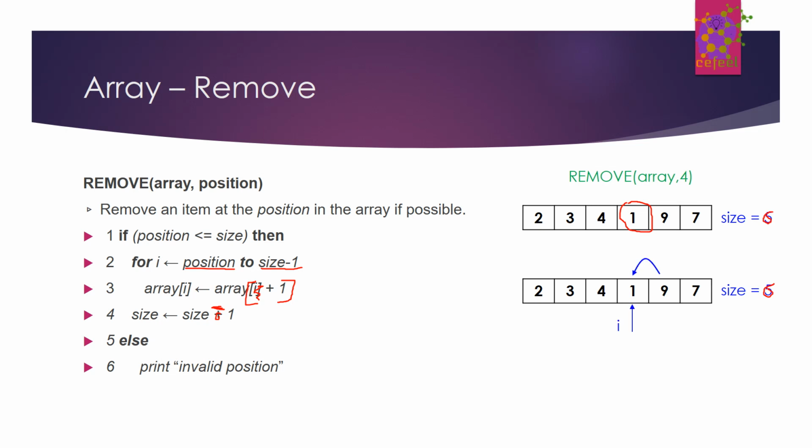So I is position, and we will replace array[I] with array[I plus 1], which means 9 will go and replace 1, and then we will move I again, and then 7 will go and replace 9, and then we are done till we go to the second last position, because the last element will anyway have to be deleted. So as you can see, what has happened here is 1 has been replaced by 9 and 9 is replaced by 7, and the extra space at the end got deleted when we executed step 4 where size equals size minus 1.